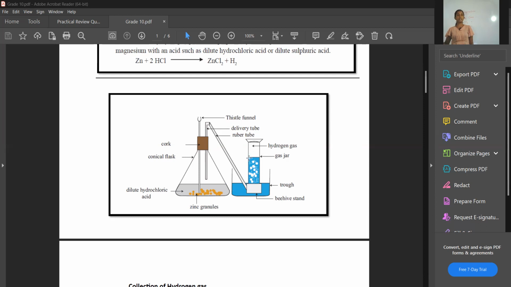And the collecting method we use, for the gas jar, I am drawing only that part, Pute, here. The collecting method: this is the trough, and here we use the gas jar.